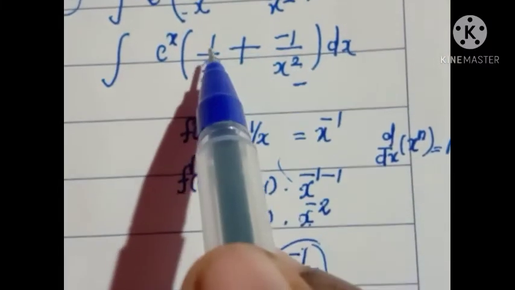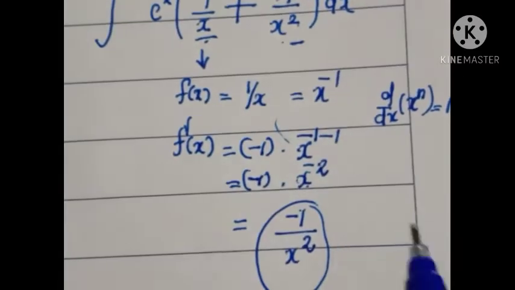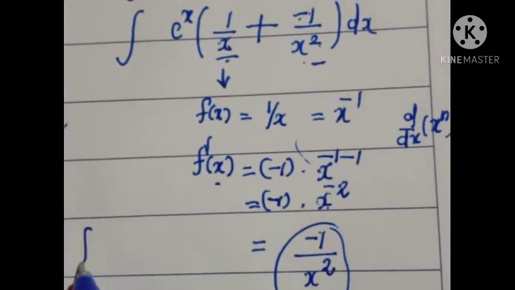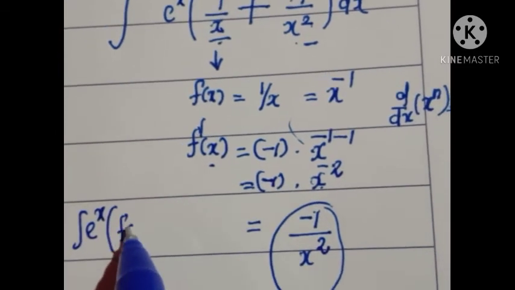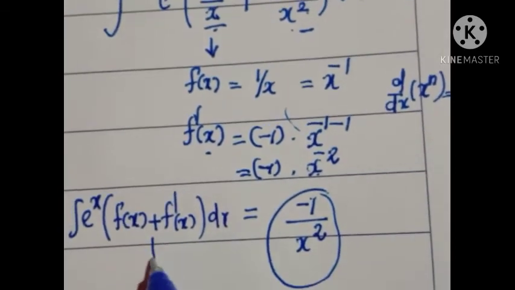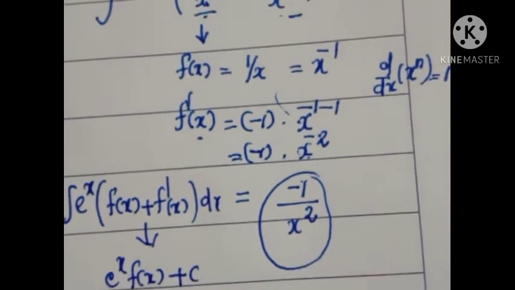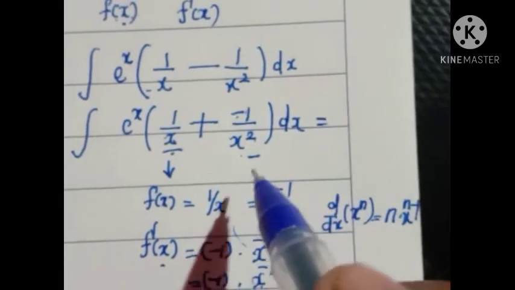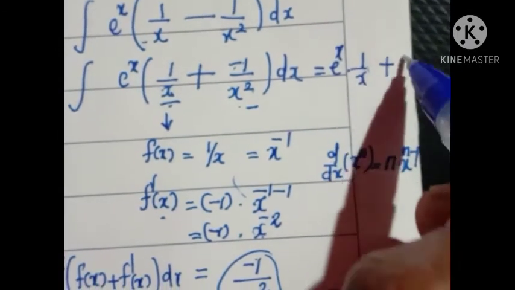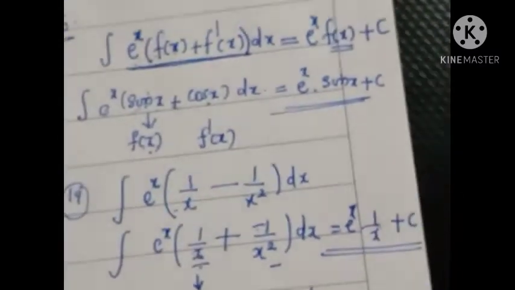So our function is 1 by x and therefore minus 1 by x square becomes its derivative. The given integrand is of the form e raised to x into f of x plus f dash of x dx. So its integral is e raised to x into f of x plus c. So the answer is e raised to x into 1 by x plus c.